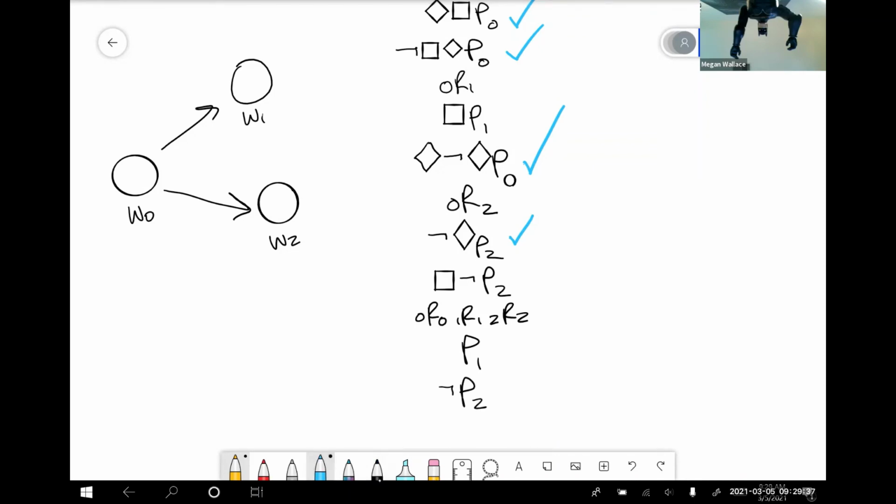That is me, for the first one, just applying the box rule to the fact that 1 is related to 1, and I get P is true at 1 right here. And for the second one, it is me taking the fact that we have this not diamond P at 2, and 2 is related to 2, and that gives me not P at 2. But that's it.